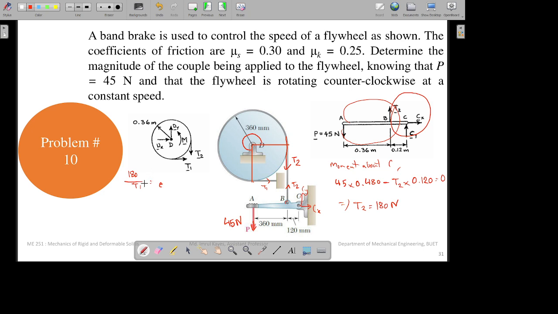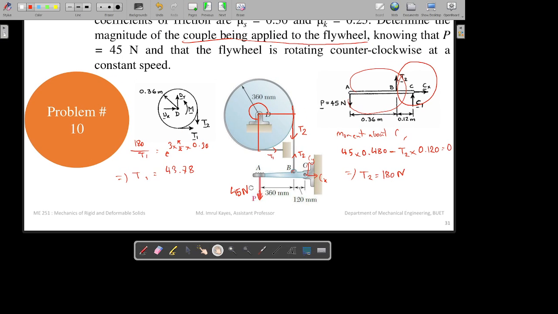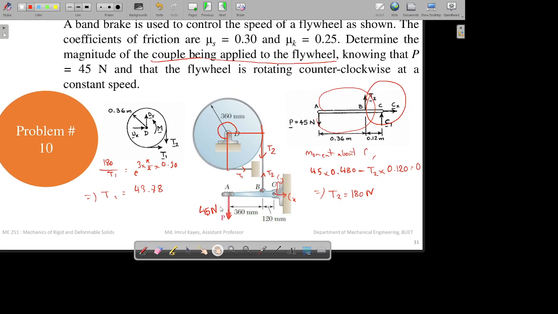So the value of beta will be 3 into pi by 2, into 0.30. From this equation you can get the value of T1, which will be 53.78. Now the last part, you have to determine the magnitude of the couple being applied to the flywheel. So the magnitude of the couple will be, okay, I'm erasing that part.